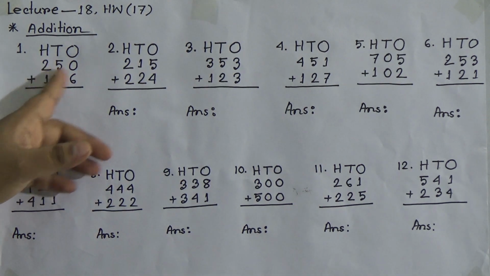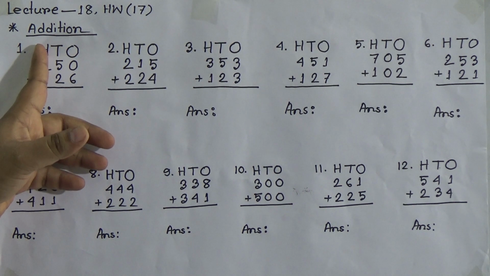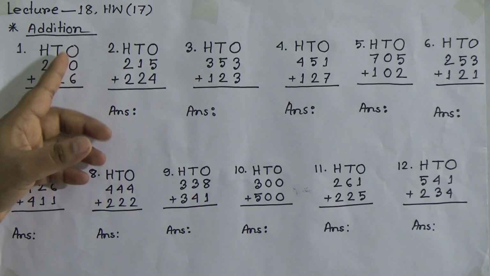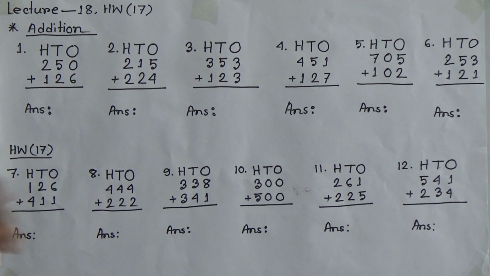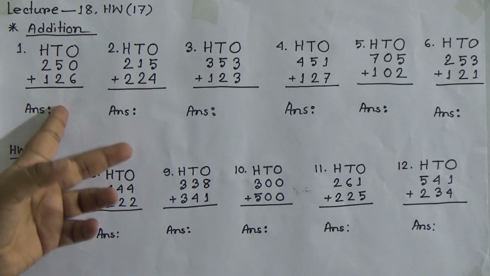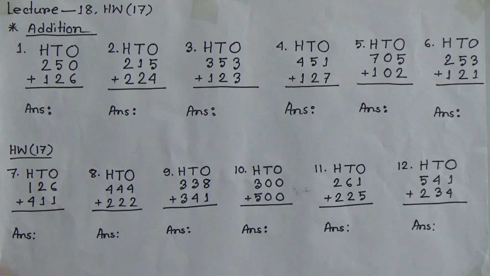In a 3 digit number, it has ones place, tens place and hundred place. At first we add ones place digits, then we add tens place digits, after that we add hundred place digits. Now we shall solve. At first we add ones place digits.